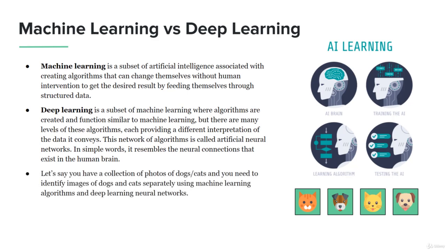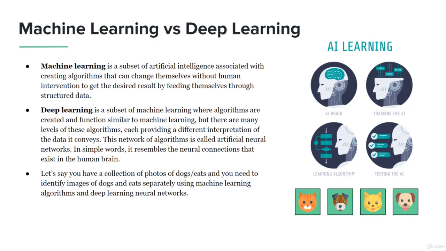And so let's say that you have a collection of photos of dogs and cats, and you need to identify the images of the dogs and the cats separately using machine learning algorithms and a deep learning neural network. An example that we went through in the previous lesson on machine learning is that we can use machine learning to designate the different dogs and the different cats, and identify those images with a certain set of data structure.